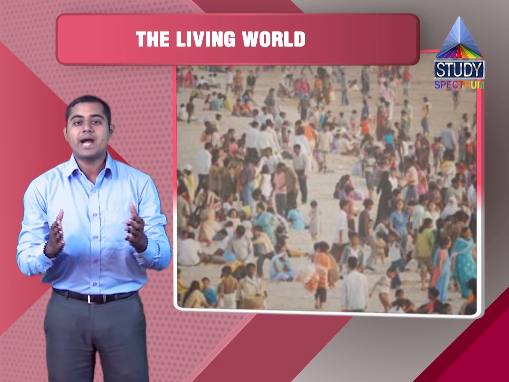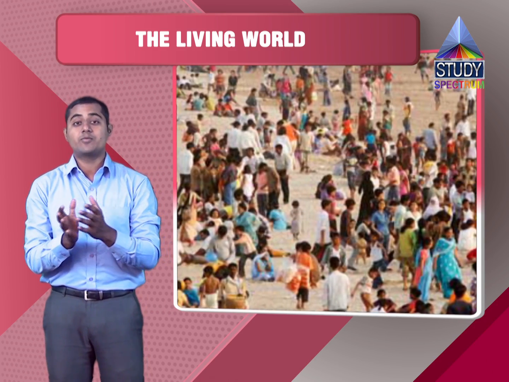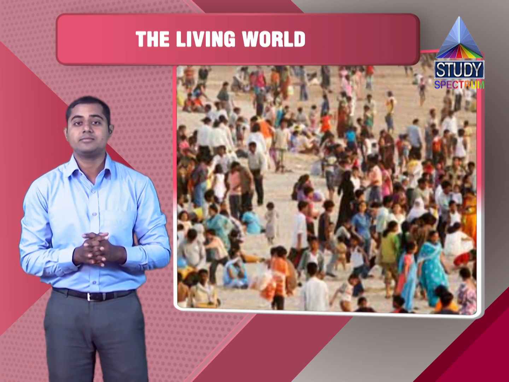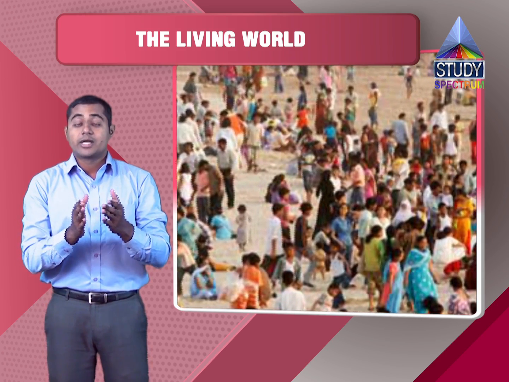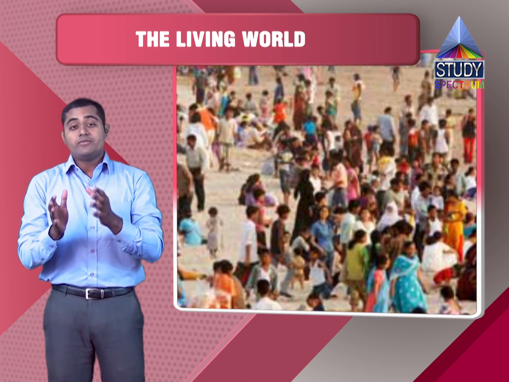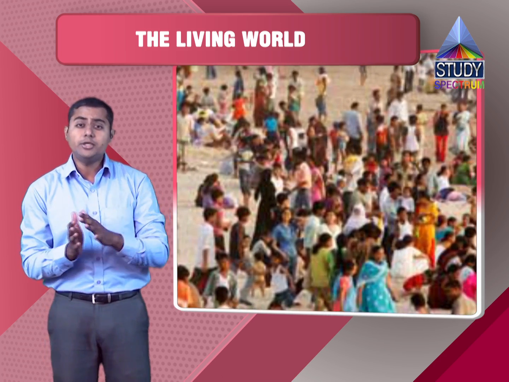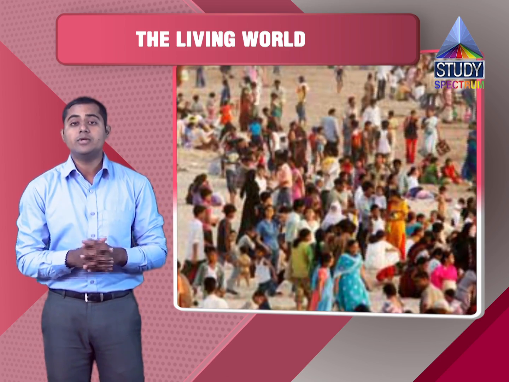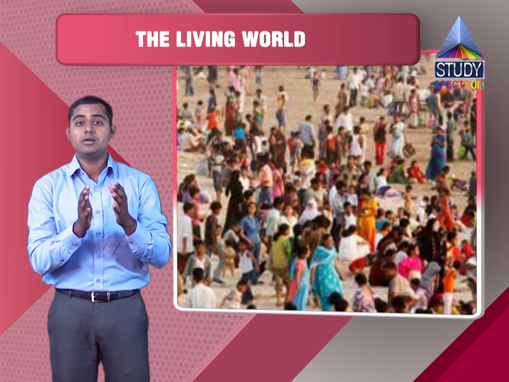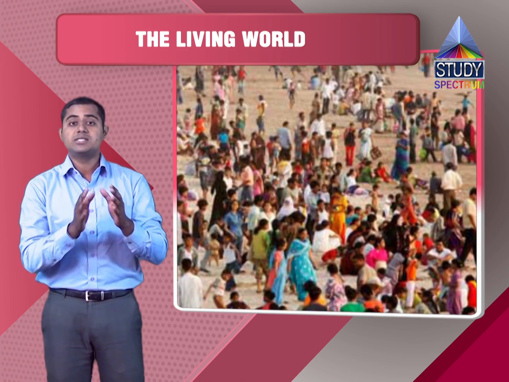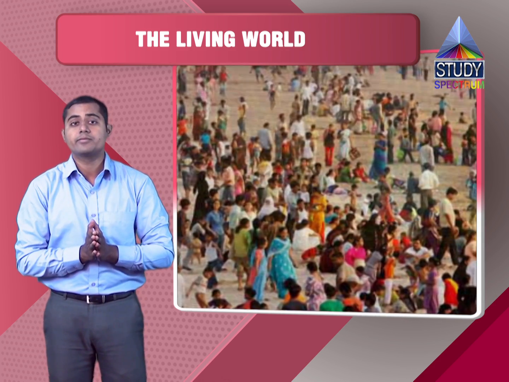What do we learn from identification of individuals and populations? Can you think? A population consists of many individuals altogether. When we talk about a single individual, it's a single organism.